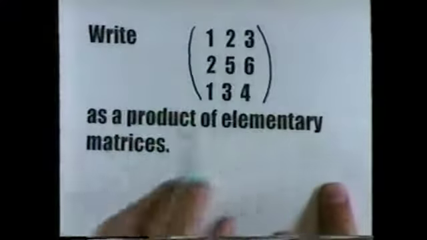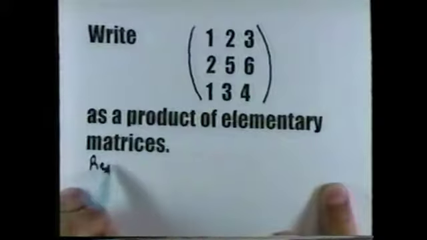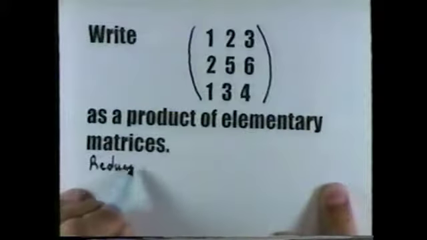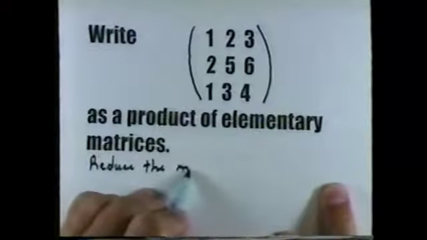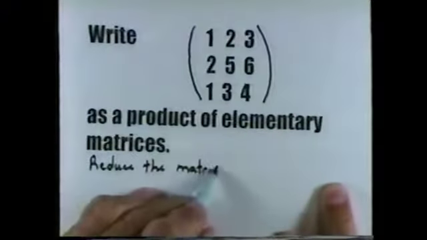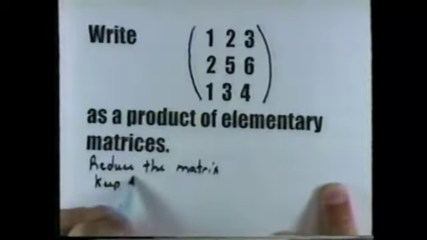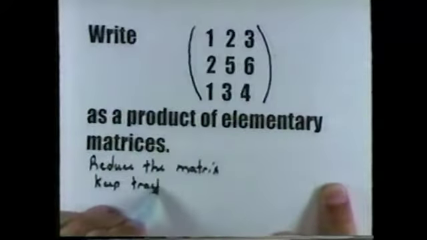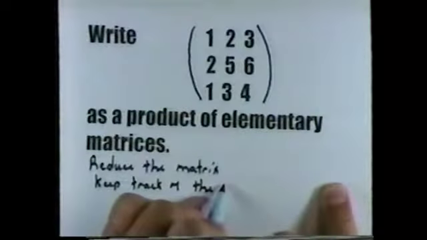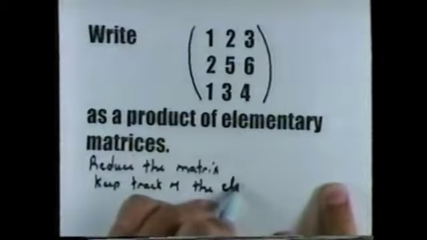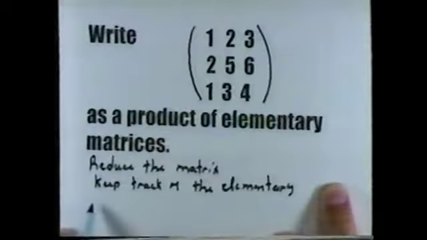So the way I'm going to write it as a product of elementary matrices, I'm going to reduce the matrix, and I'm going to keep track of the elementary matrices.